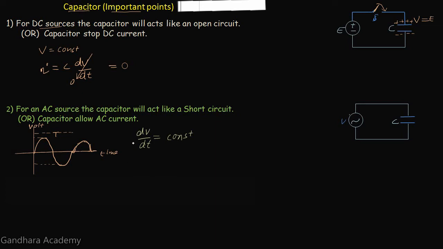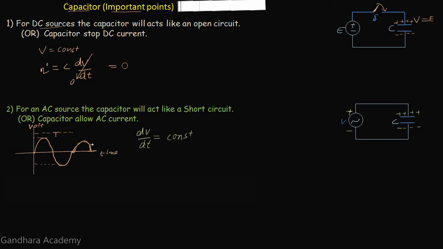So for the positive half cycle, let's say the polarity is like this. The positive terminal of this source will attract electrons from the upper plate of this capacitor. As a result, positive charges will be established on the upper plate, and the negative terminal of this source will repel electrons towards the bottom plate, so negative charges will be established on the bottom plate.